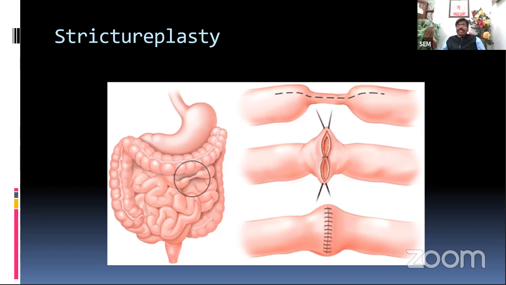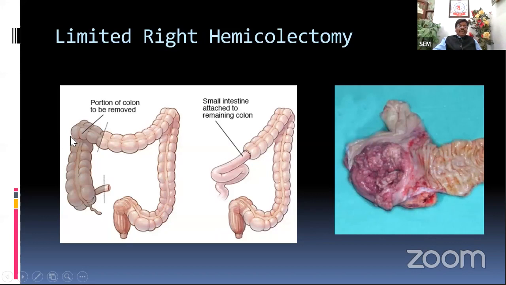But if it is a malignant stricture or very tight stricture, we may have to resect this portion completely and join. That is called a resection anastomosis. Sometimes, if the bowel is so damaged, then you remove the whole right colon, limited right hemicolectomy. What is the difference between the radical right hemicolectomy we do for cancer and here in tuberculosis?